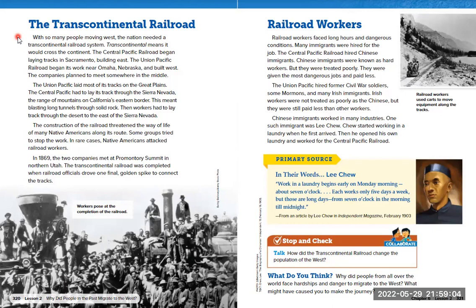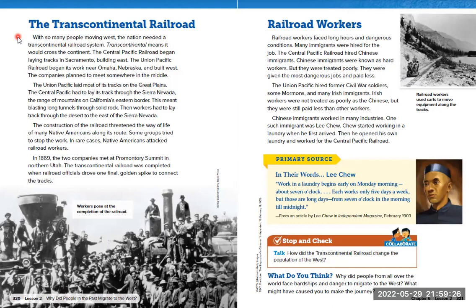The companies planned to meet somewhere in the middle. The Union Pacific laid most of its tracks on the Great Plains. The Central Pacific had to lay its tracks through the Sierra Nevada, the range of mountains on California's eastern border. This meant blasting long tunnels through solid rock. Then workers had to lay the track through the desert to the east of the Sierra Nevada.